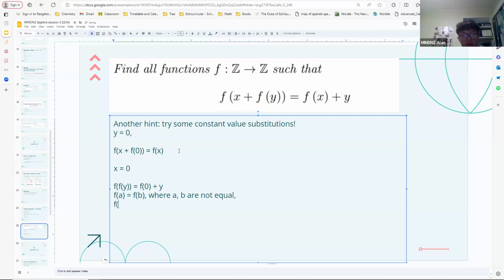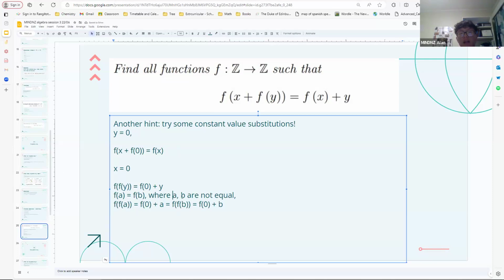This tells us that f of a equals f of 0 plus a equals f of b equals f of 0 plus b. But what's the issue with this?